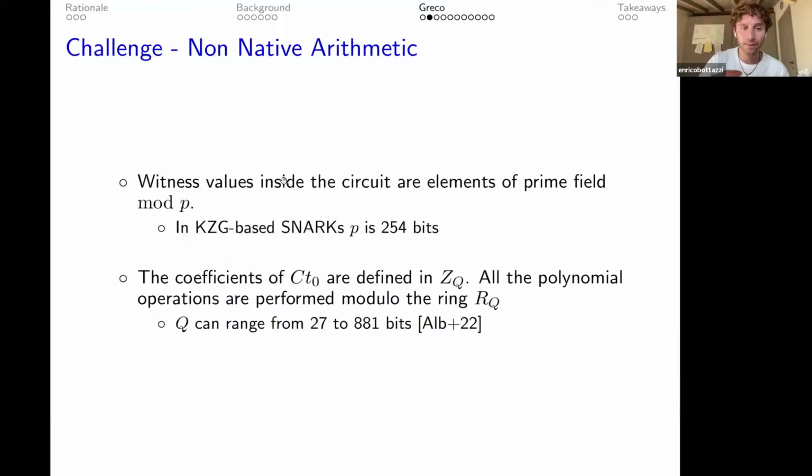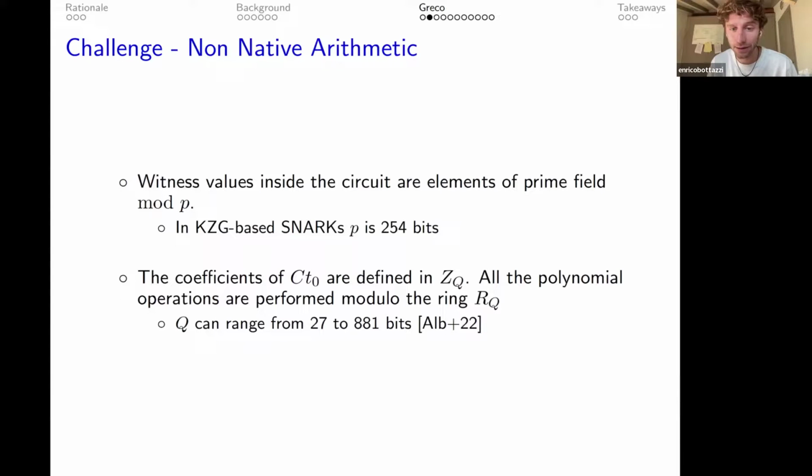We have some limitation on the witness values, which is that all the witness values must be elements in this prime field mod P. And in the SNARK that we are using, this KZG based SNARK, the P is like 254 bits.